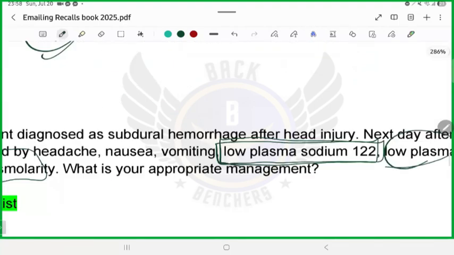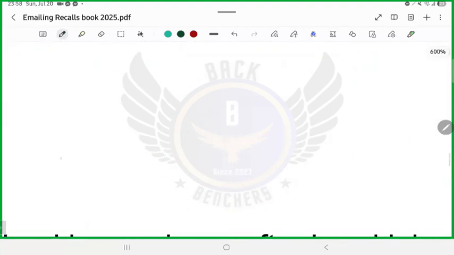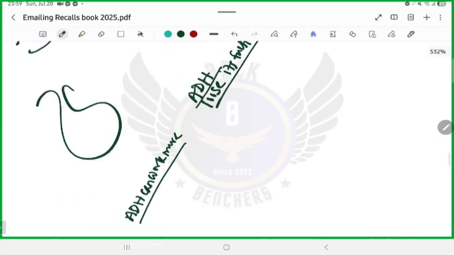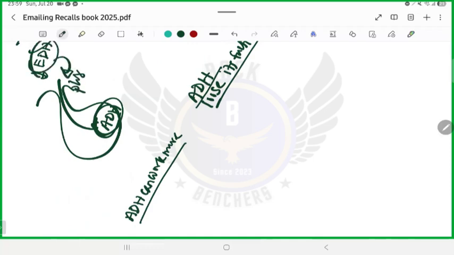So anytime after a hemorrhage, two things can happen. ADH can work more or ADH can lose its function. Why? Because posterior pituitary secretes ADH and oxytocin. So ADH can get affected due to extradural hematoma, brain gets pushed, and the pituitary stalk gets damaged.